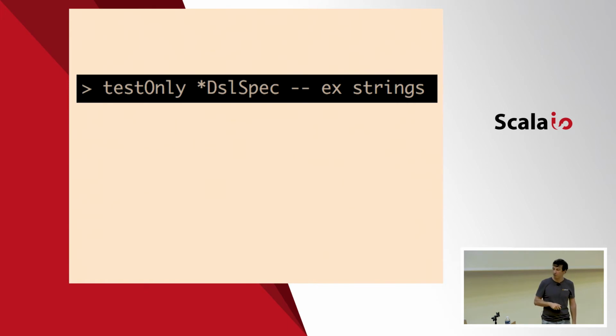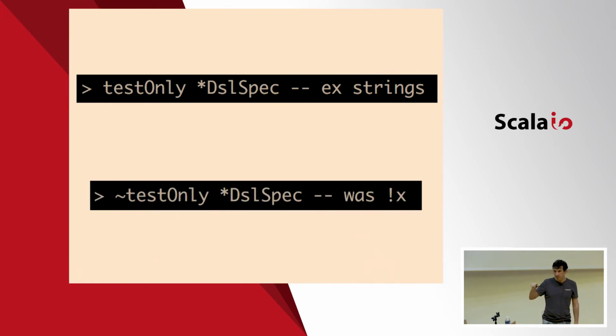But you can also go a bit further and, by using the tilde thing in SBT that watches the modifications on your files, the tests are going to be executed every time you change a file, right? That's already nice. But you can also say, hey, please, can you rerun anything that was failing before? So you say, test my spec for anything that was, and you pass the status of the test.